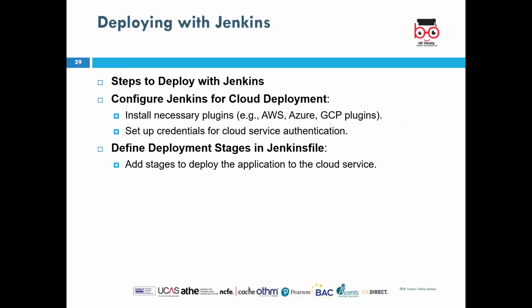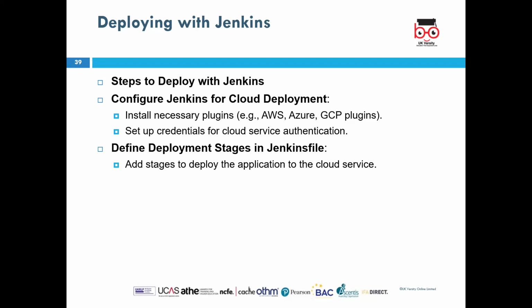So now we mentioned Jenkins, and here we have an explanation of the steps that we have to follow to deploy our application with Jenkins into our cloud computing. So obviously we need to configure Jenkins to the cloud deployment platform.